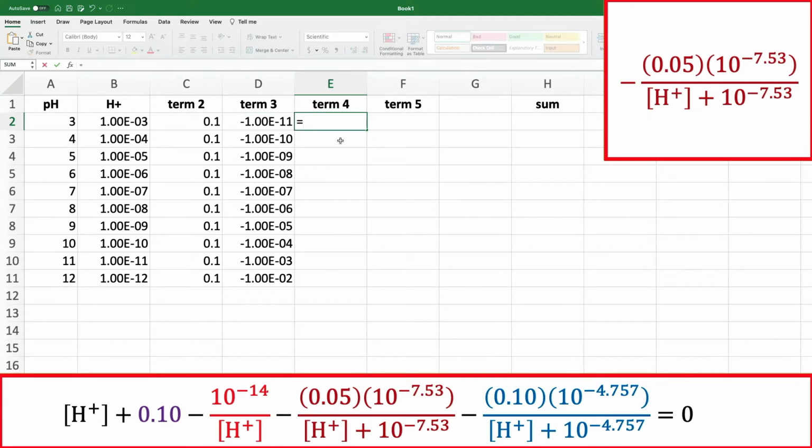So equals minus 0.05 times 10 to the minus 7.53 divided by, and here we have a sum in the denominator, so I'm going to put the whole thing in parentheses, H+, so that's this cell, plus 10 to the, and again, let's put this in parentheses, minus 7.53.